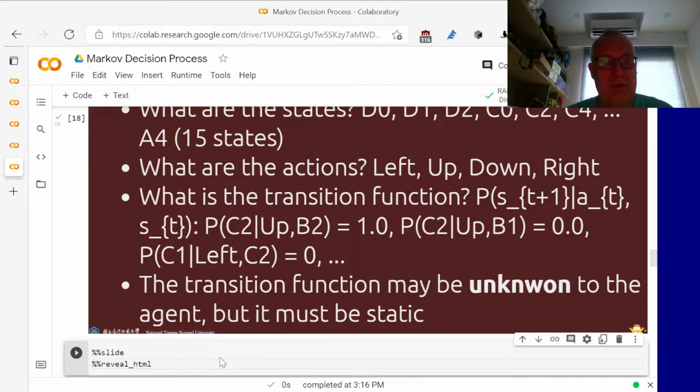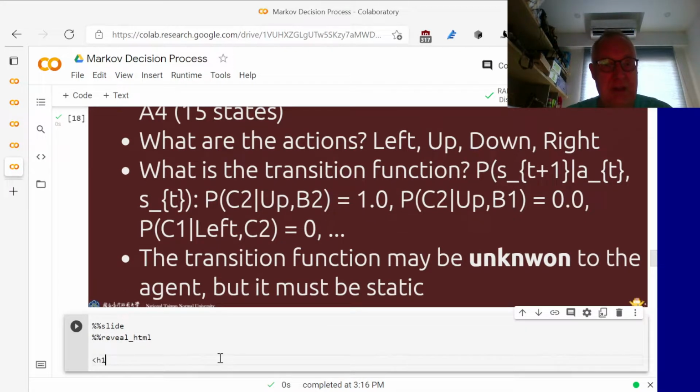Now, another important feature of Markov decision processes is the Markov property.